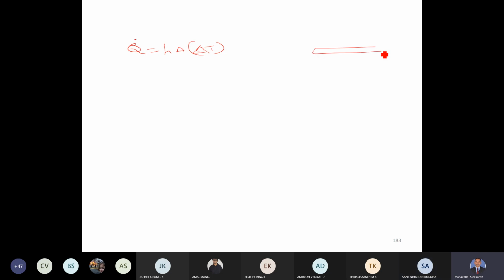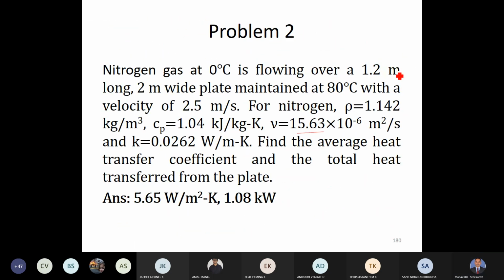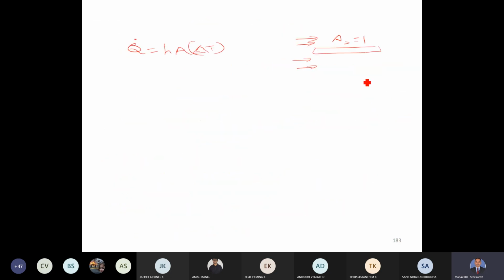If this is a plate where fluid is flowing on both sides, then the area on one side is 1.2 meter long, 2 meter wide, so 1.2 multiplied by 2, which is 2.4. If it is on both sides, we'll have to multiply this area by 2 again, so 2.4 multiplied by 2 is 4.8.